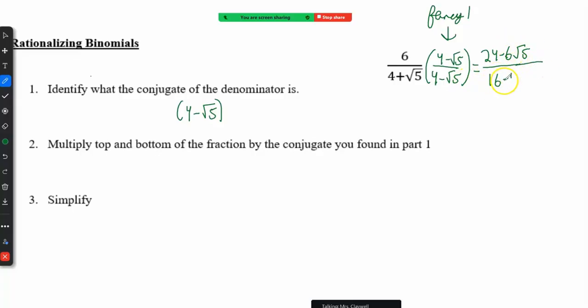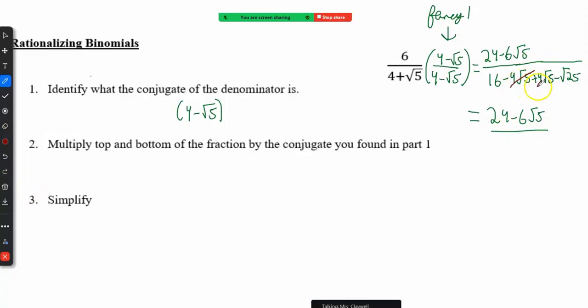16 minus or plus 4. Oh, no, sorry. And now I can work to simplify that. So if you can show less stuff, that's fine. My numerator, I can't really simplify anymore.